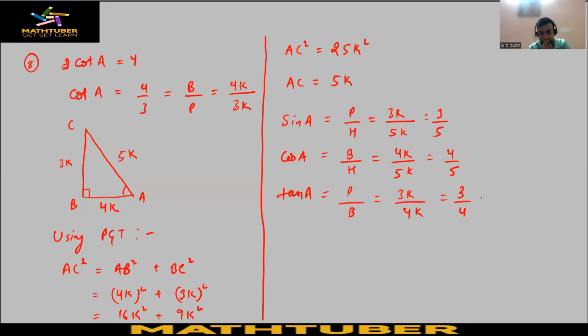Now, we have to check whether 1 minus tan square A upon 1 plus tan square A is equal to cos square A minus sin square A or not. So taking LHS here, which is 1 minus tan square A upon 1 plus tan square A, we have to now put the value of tan A in both the numerator and denominator.